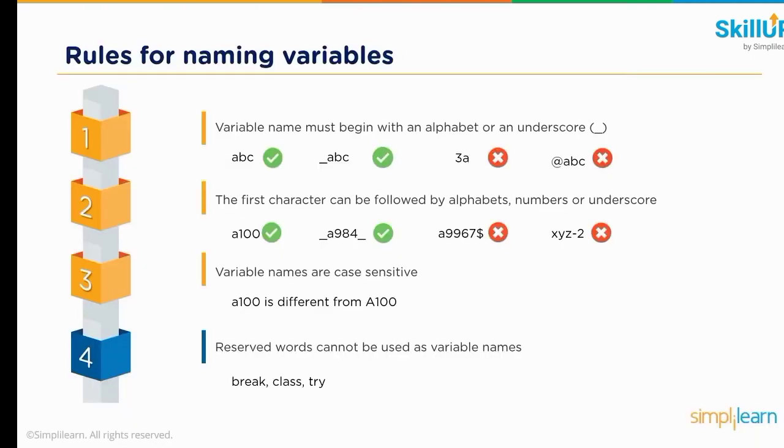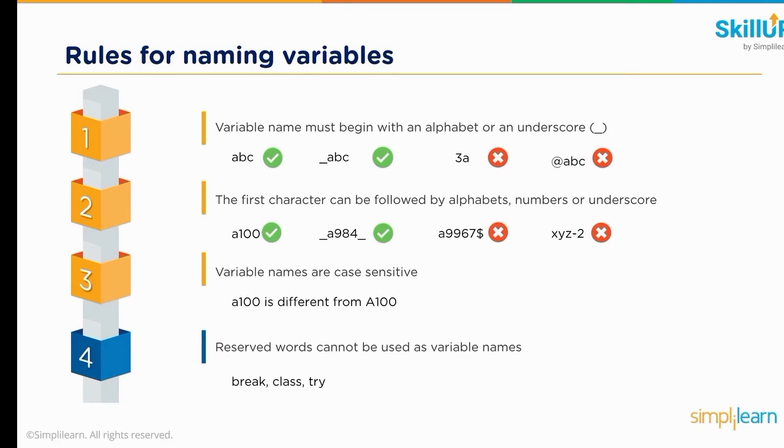So now that we established that variables are case sensitive, we can also say that Python itself is a case sensitive language. Now a final rule is that reserved words cannot be used as variable names. Now if you have gone through any other languages like C, C++, Java, you know this is a common rule among all of them.